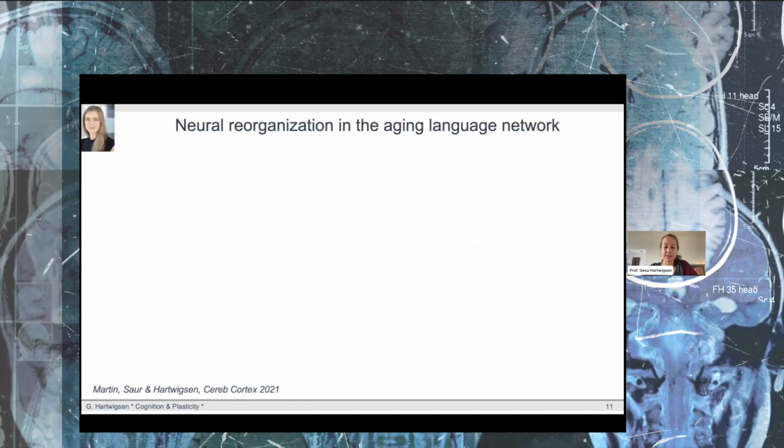So to address this is work by my postdoc, Sandra Martin, who's interested in neural reorganization in the aging language network. So she used fMRI in old and young subjects and a very simple verbal fluency task to see how executive speech functions engage different networks. And she found that increased interactions in domain general networks is associated with better behavior in older adults.